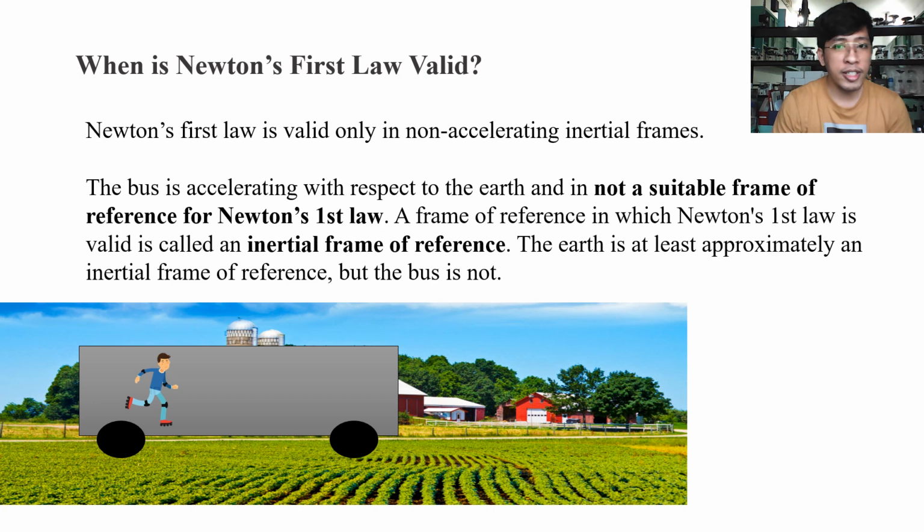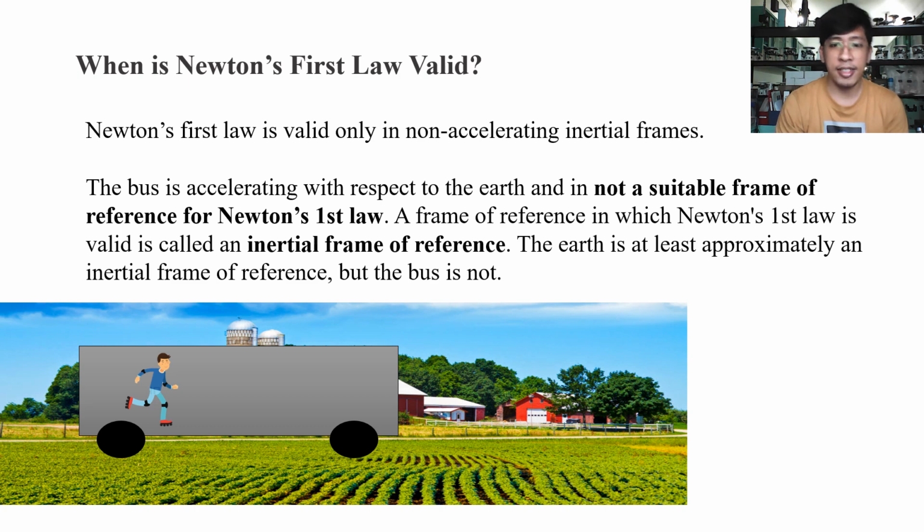The Earth is also accelerating. As you can observe, it rotates. So as it rotates, it changes the direction of its velocity, so it's also accelerating. However, the Earth is at least approximately an inertial frame of reference, but the bus is not. So we are accelerating with respect to the Earth, but we can approximate the Earth as an inertial frame. As you can see, we do not feel the acceleration of the Earth.